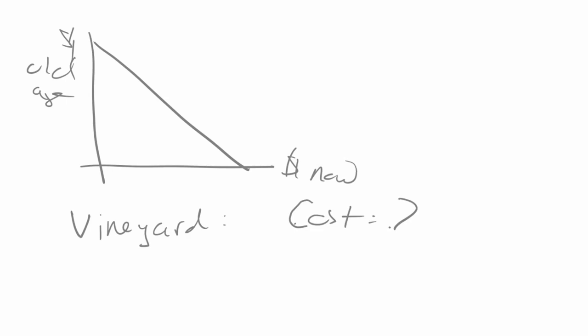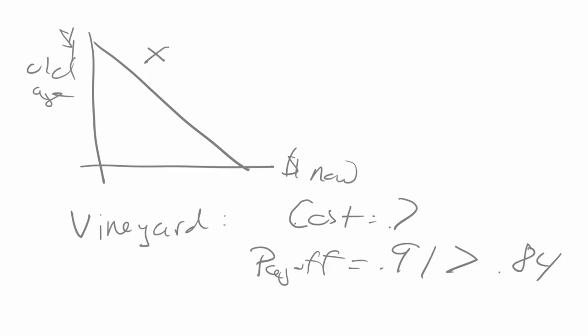However, the payoff in her old age is going to be 0.91. Well, 0.91, that's greater than 0.84. The vineyard is somewhere over here. This question is, should she invest in this vineyard? Seems like a good idea. She could get more money that way.